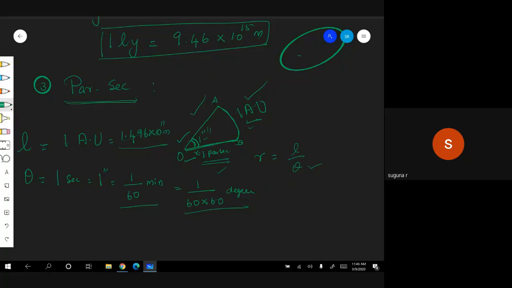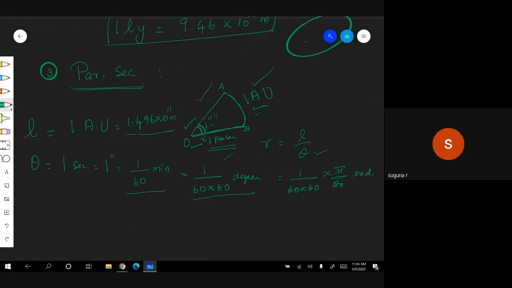Pi by 180 radian. Is it clear? So now, very simple. R is equal to L by theta. L is ready, and theta is also ready in SI unit: 1 by 60 into pi by 180 radian.